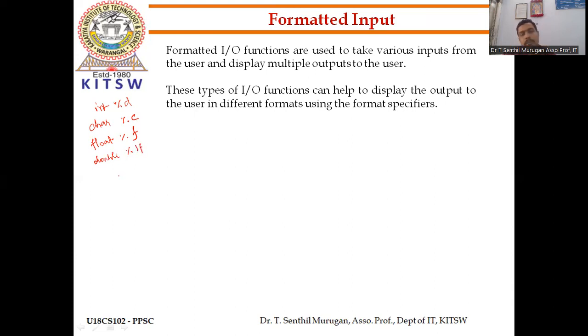So we are using long float or long double, %ld we can use for double. So these are the format specifiers. With this help we can perform this formatted input output operation.